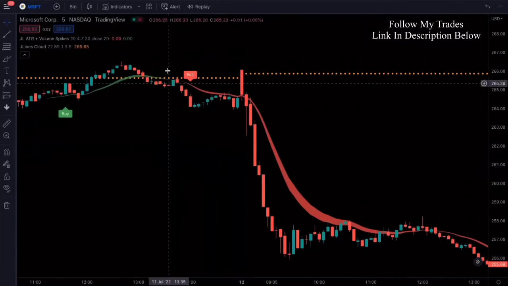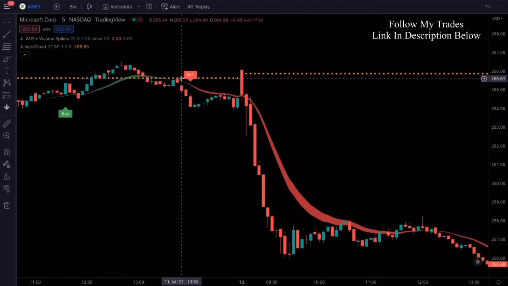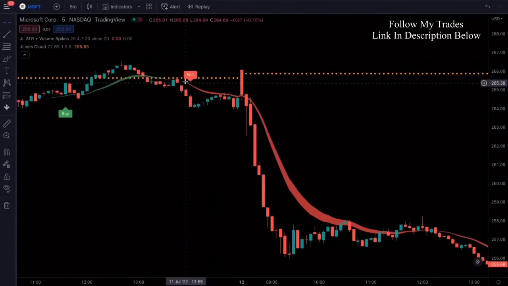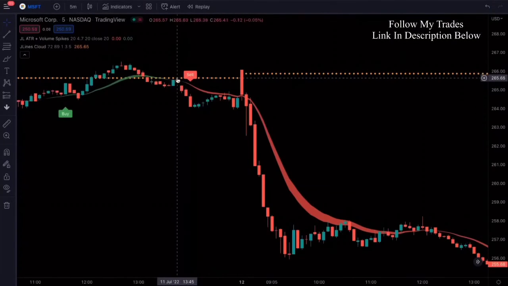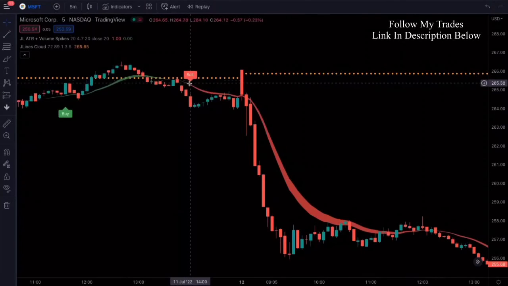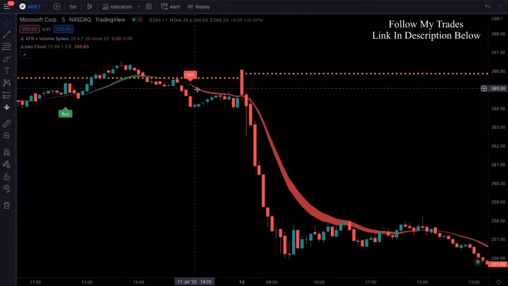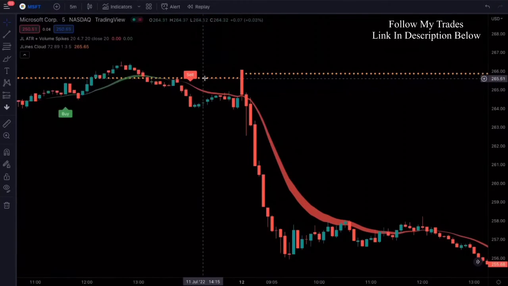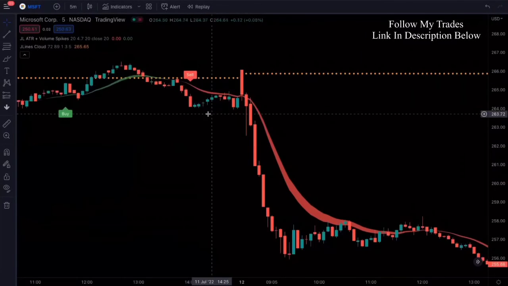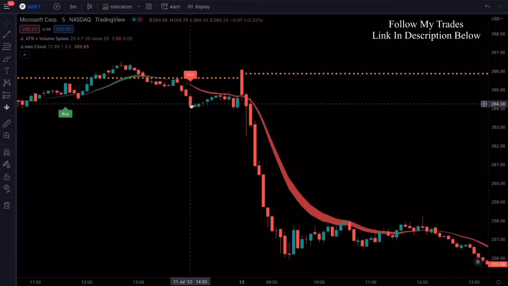So here, price action for sell, here are the rules. Price action has to be below the yellow dotted line. You get a sell signal, and the ribbon, the cloud, is red. Okay? Red cloud, sell signal, price action below the yellow dotted line. So for instance, right here, this would be your sell candle, the trigger candle.